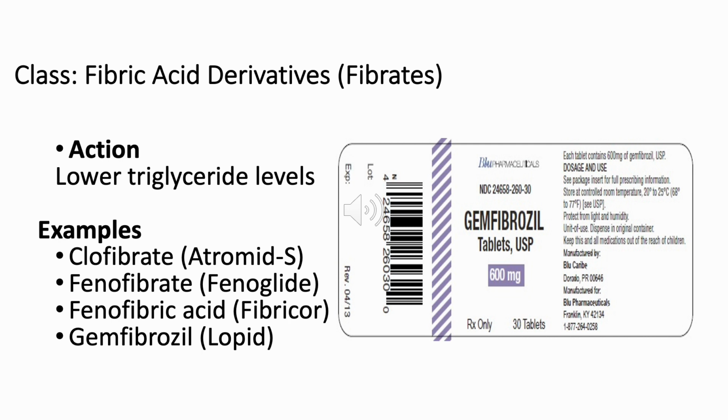For best results, fibric acid derivatives such as gemfibrozil should be given 30 minutes before the morning and evening meals. Bile acid sequestrants are usually taken 1 or 2 times a day before meals.